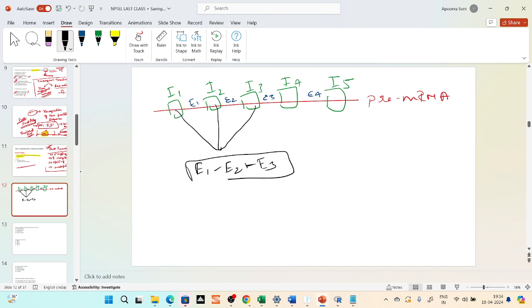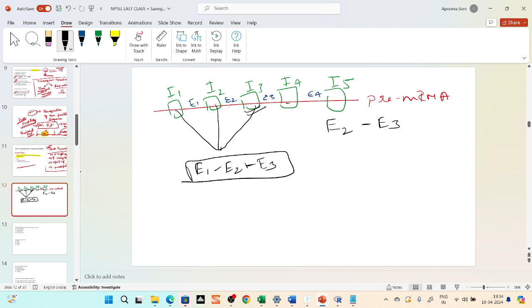If I1 is not removed and only this intron is removed, we have E2 combined with E3.